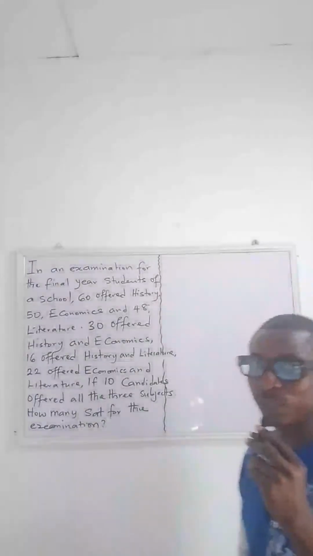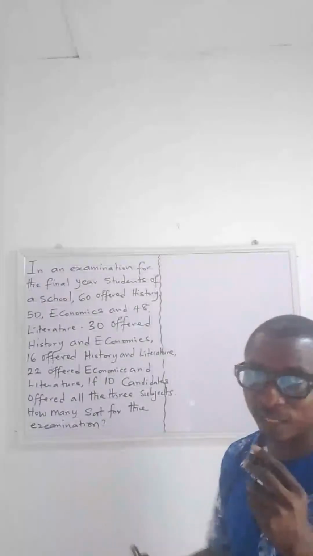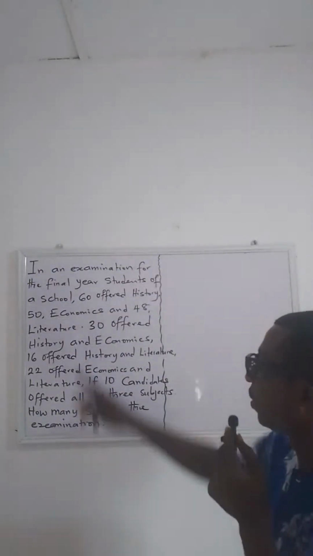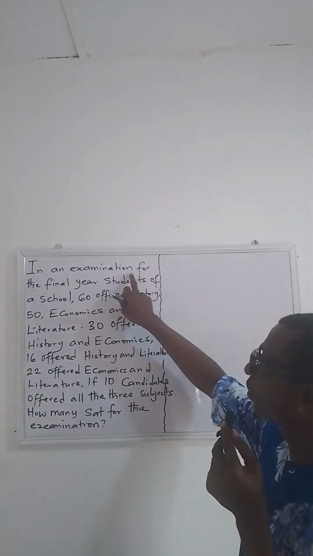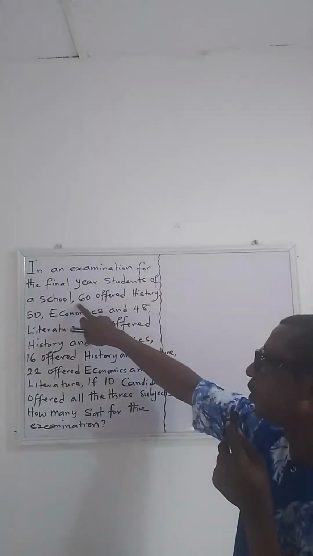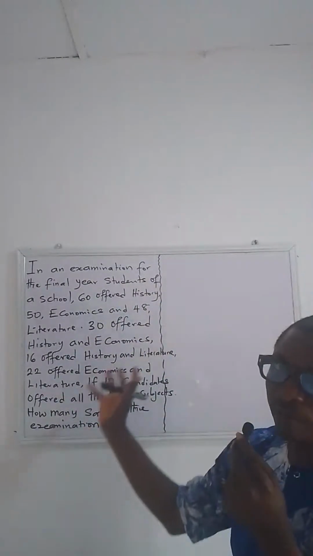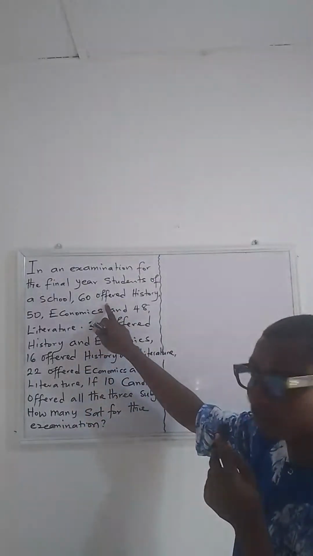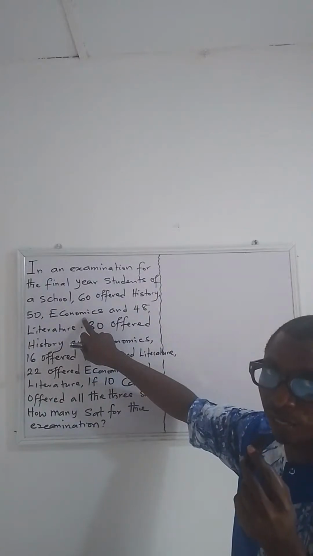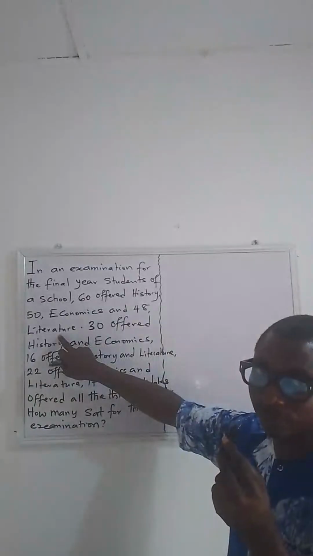Let's go through the question again. We are going to read between the lines and understand the concept of the question. In an examination for the final year students of a school, 60 offered history. The total number of people that offer history is 60. 50 offered economics and 48 literature.